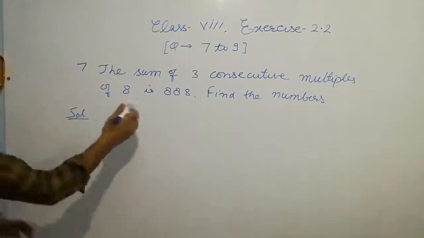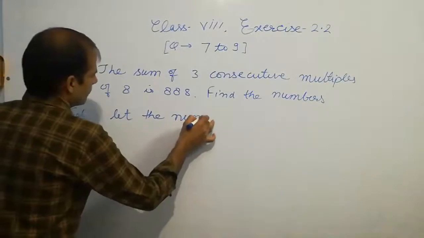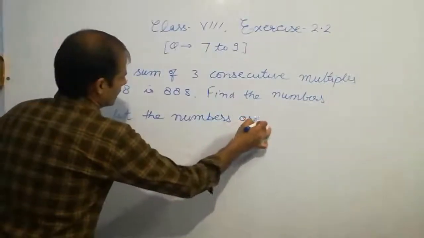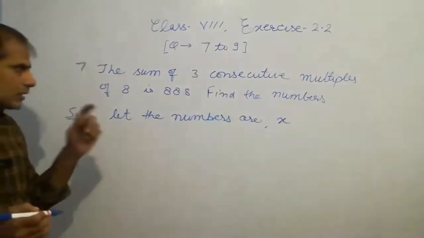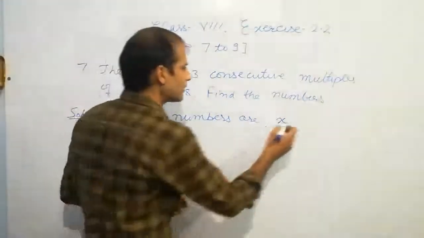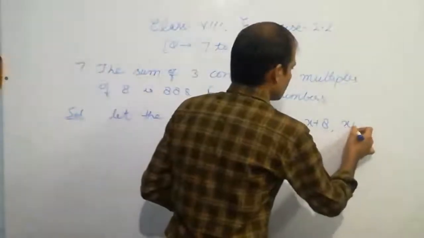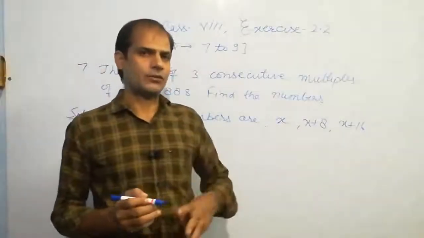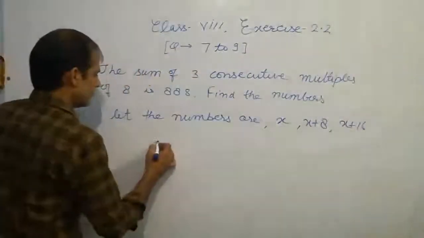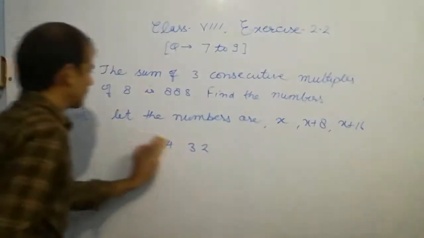Okay. So let the numbers be, suppose if one number is x and if it is a multiple of 8, then the next number will be x plus 8 and the next number will be x plus 16, because if you take any 3 numbers from the table of 8, take a simpler example.